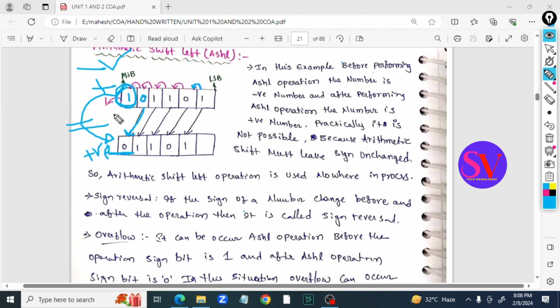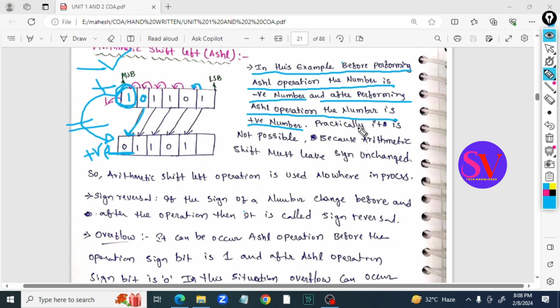Okay, the condition did not work out here. So in this example, before performing arithmetic shift left operation, the number is negative, and after performing it, the number is positive.